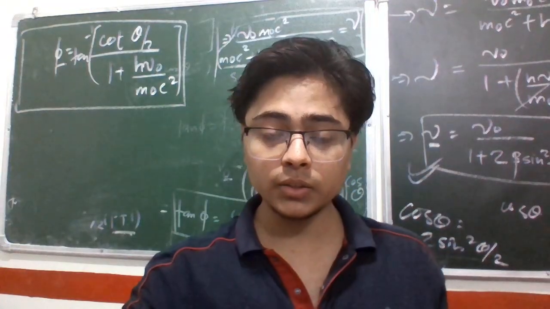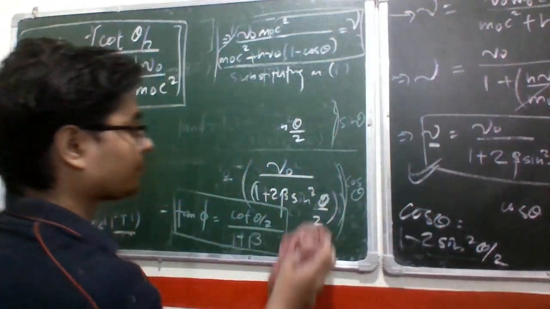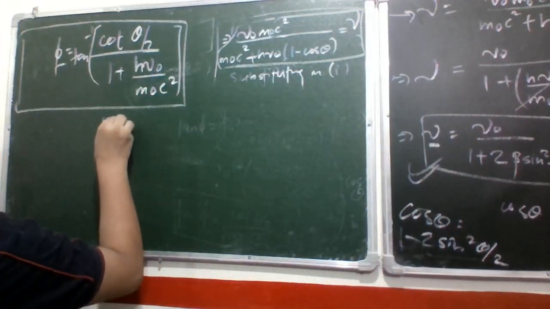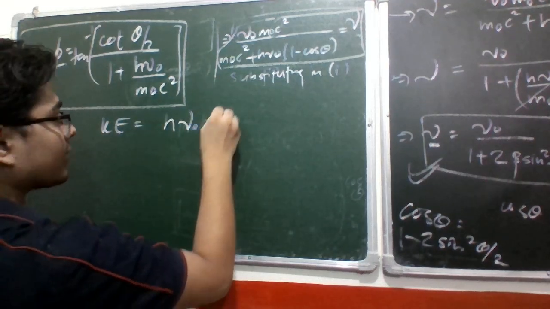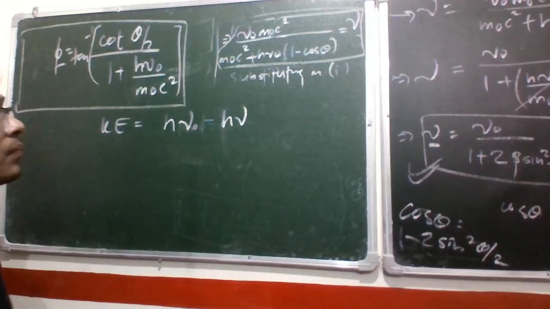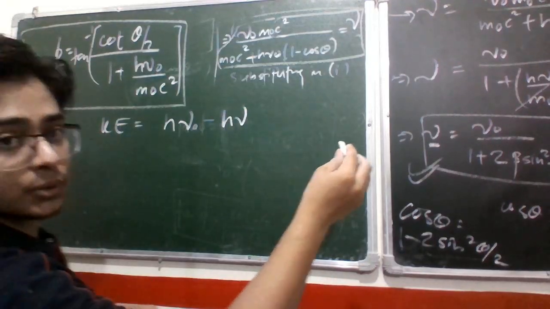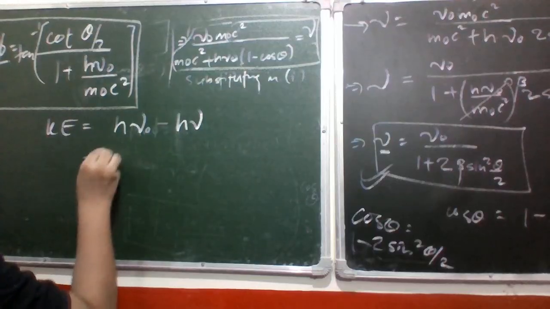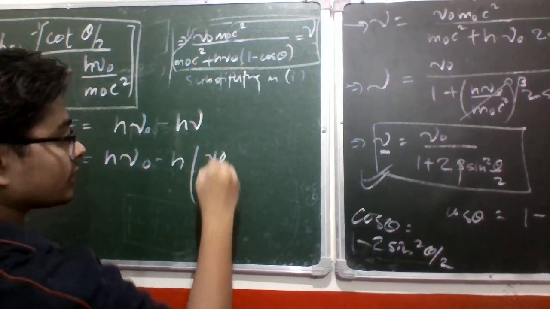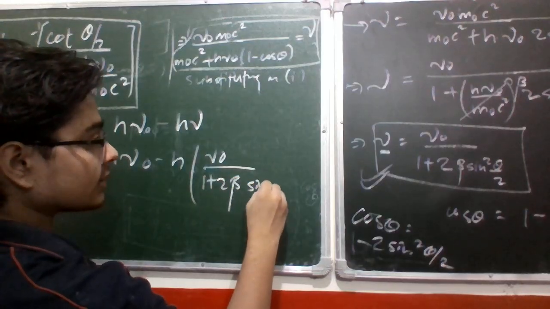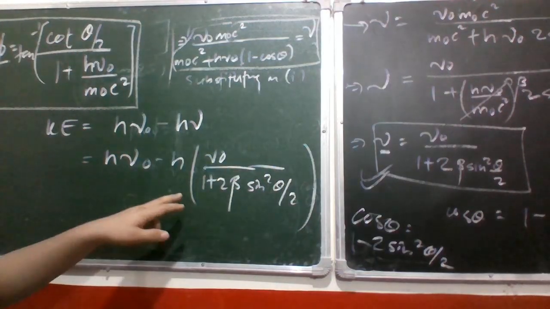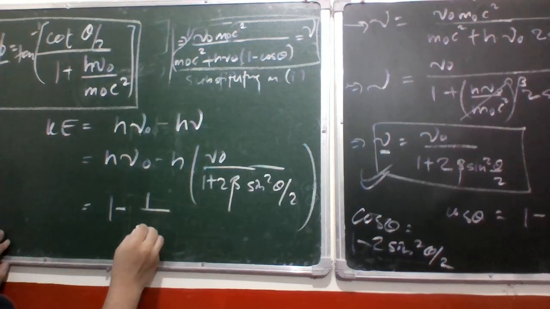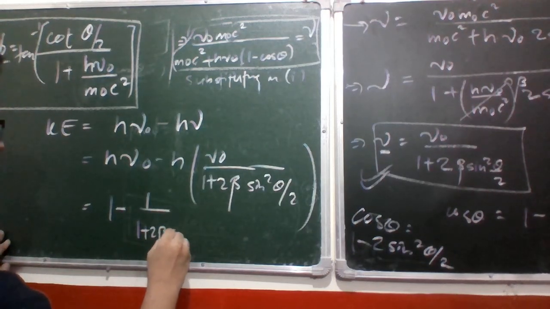If you want to further know about the kinetic energy of the recoil electron, then you can find out it is Ke equals h nu naught minus h nu, and substituting the value of h nu, which is this, we get 1 minus 1 by 1 plus 2 beta sine square theta by 2.